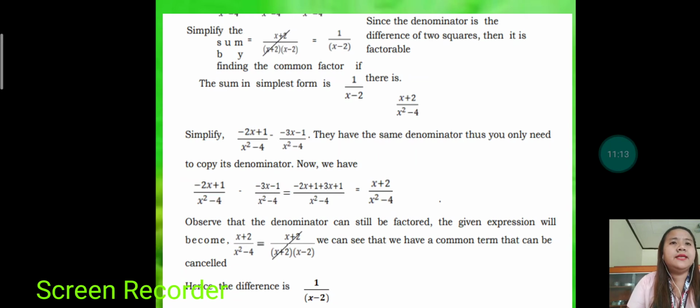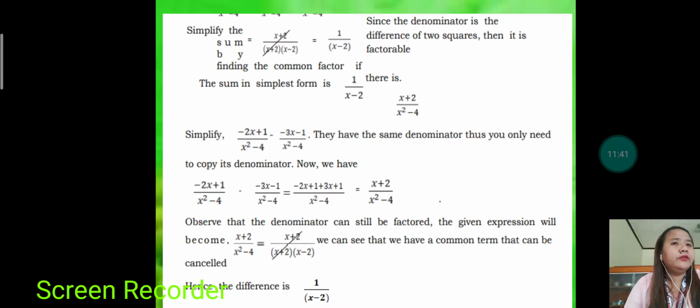So, you can see x plus 2 and x plus 2 are the common factor of the given expression. Since it is the common factor, we're going to cancel it out. So, x plus 2 and x plus 2 is cancelled. Therefore, we're going to leave 1 in the numerator and then copy the denominator, which is x minus 2.